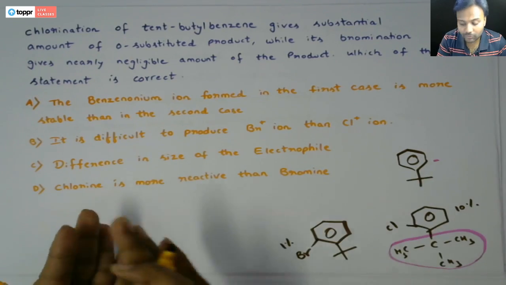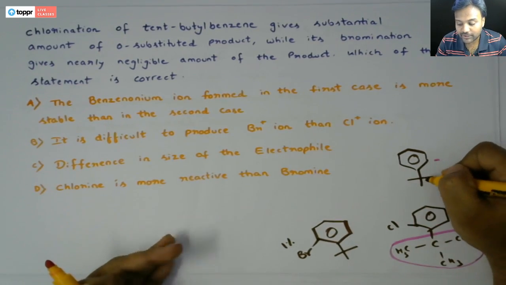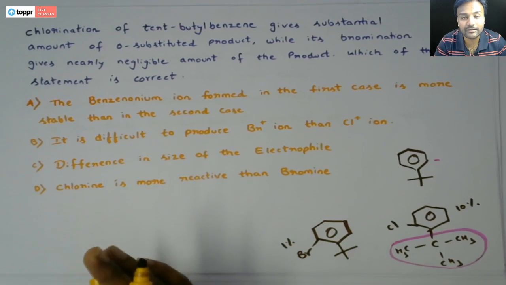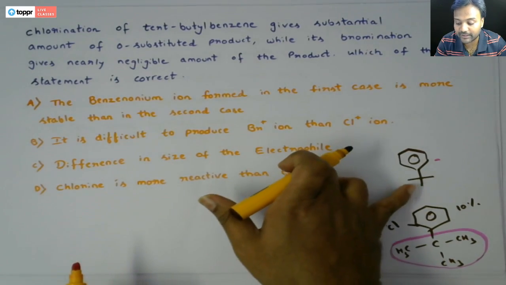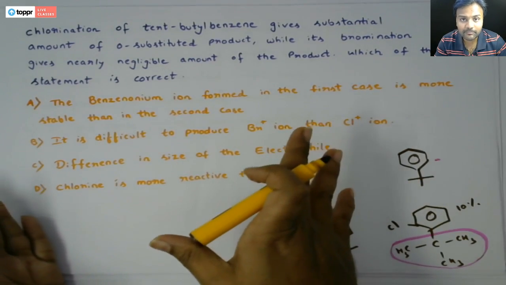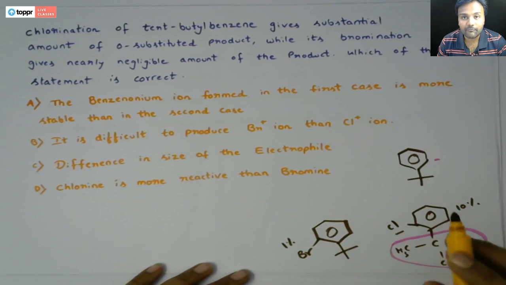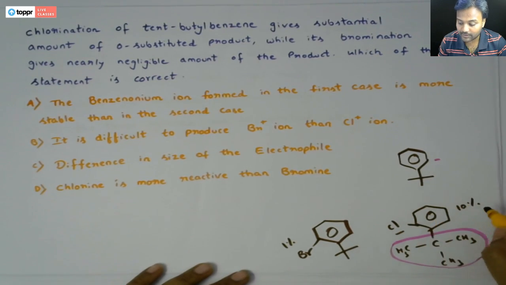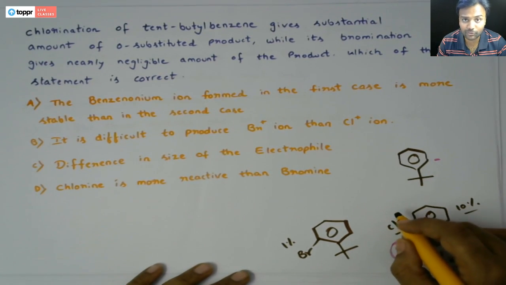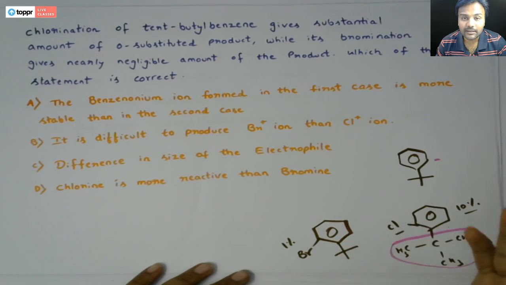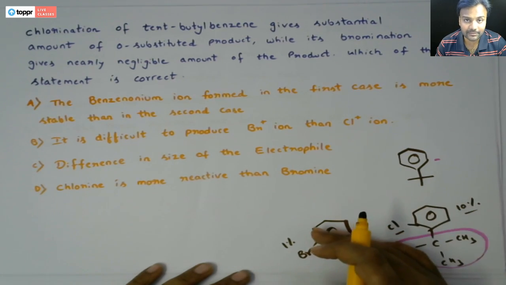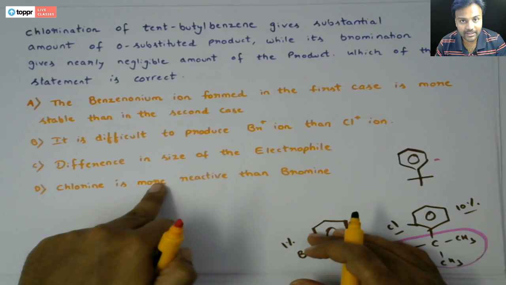Whenever you undergo halogenation of tertiary butyl benzene, majorly the para product should predominate because of the steric hindrance present at the ortho substituent, which we call the ortho effect. But still there is presence of ortho product, in very minute amounts, around 10% assume in the case of chlorination. But if you do bromination, the amount of the product is still lesser. What is the reason? That's what they were asking you.